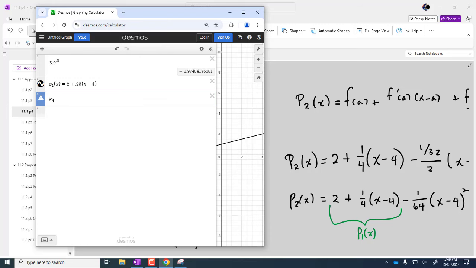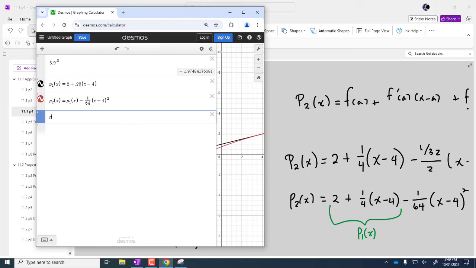P sub 2 of x equals P sub 1 of x plus, no, minus 1 over 64 times x minus 4 quantity squared. Does that look right? All right, so what was our x value?